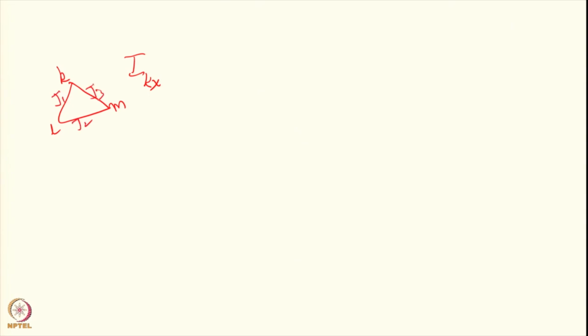How will the IKX look like after this generates a FID, and then you take the FT? I am only writing for the K because it is the K spin. The K spin will give me 4 lines, which is a doublet of a doublet, because it is 2 couplings, J1 and J3 couplings. So, if these coupling constants are not equal, then it will be doublet of a doublet.